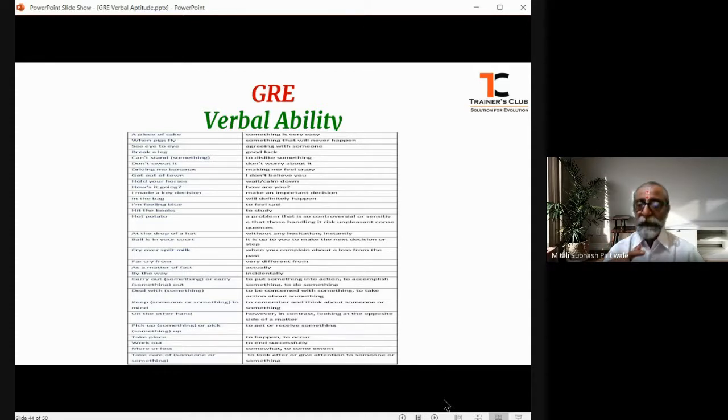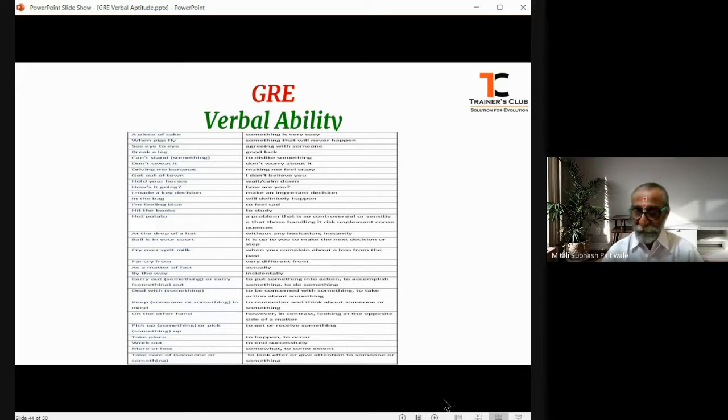So in this way, you can get into a lot of idioms and phrases. Just go through few of these. When you go through few of these in this particular slide, you will understand how the idioms and phrases are used in the day-to-day usage of English communication.